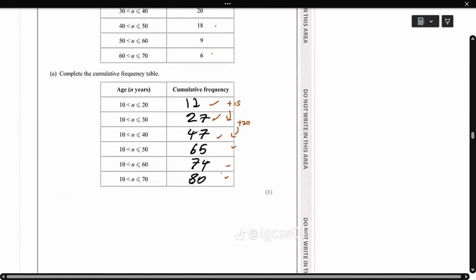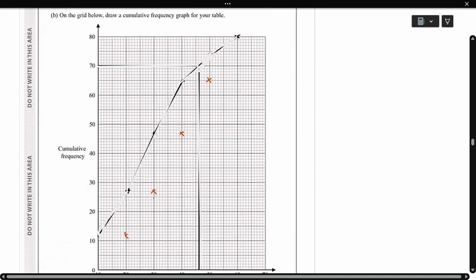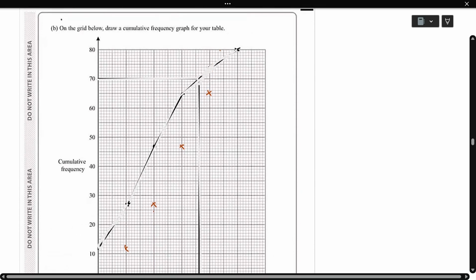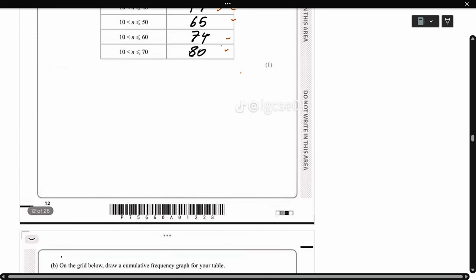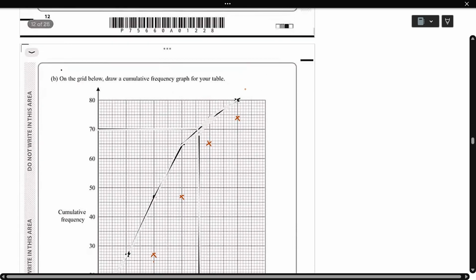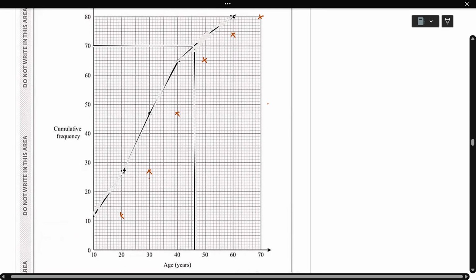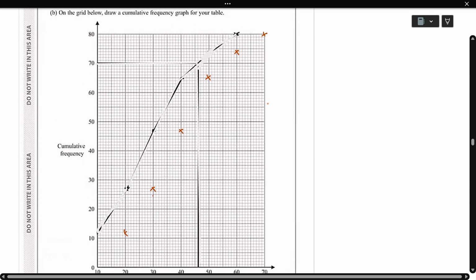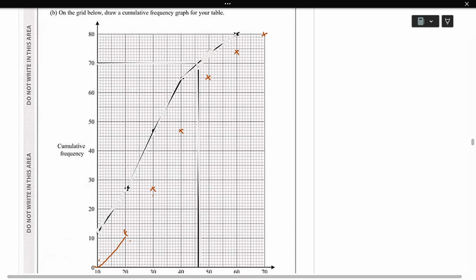Next, 60 is going to be 74. And 70 is going to be 80. This is the correct figure. The earlier one was wrong, that's why I erased it. Next we are going to draw a freehand curve like this, so we should connect all the points.